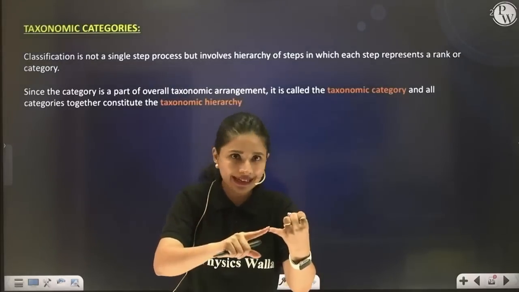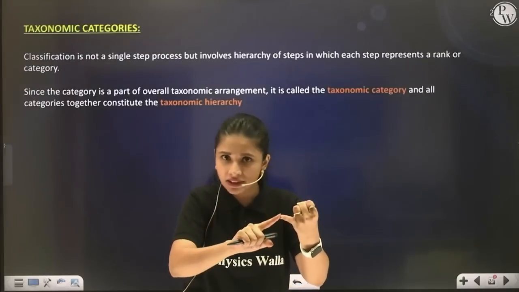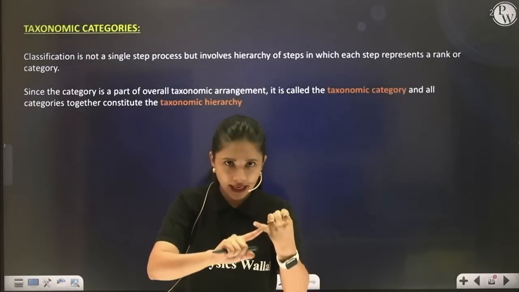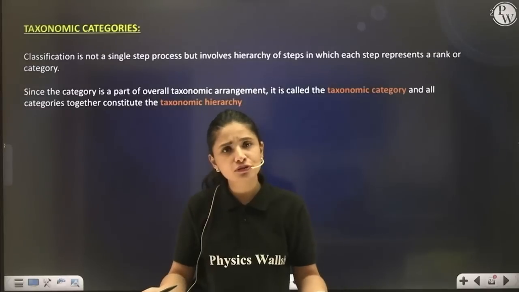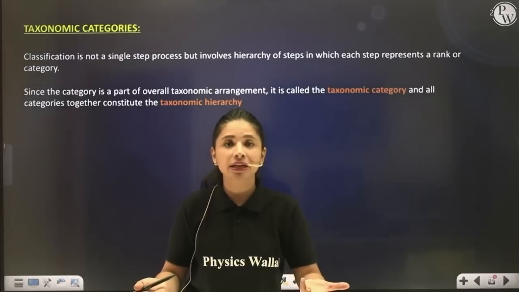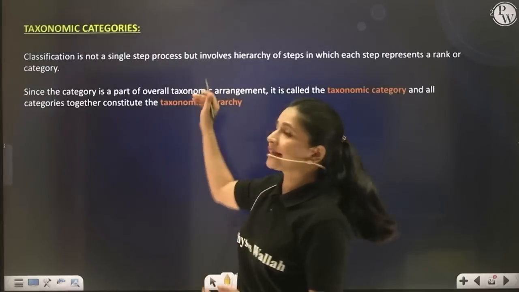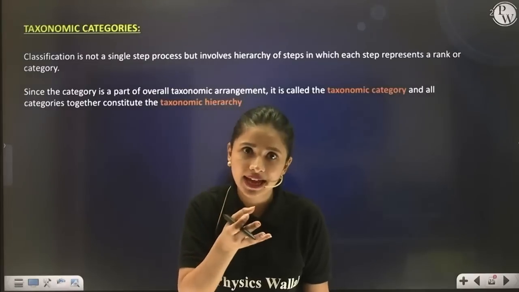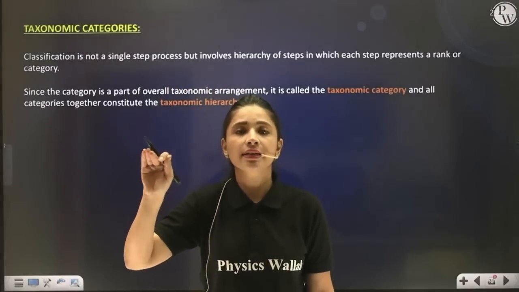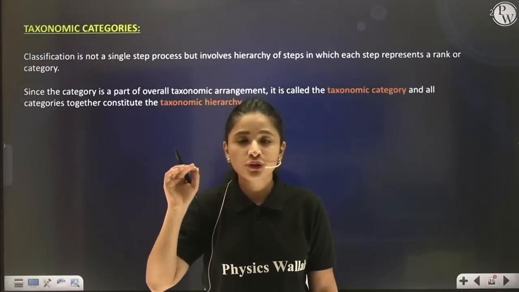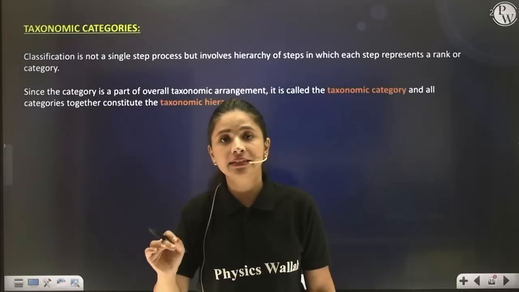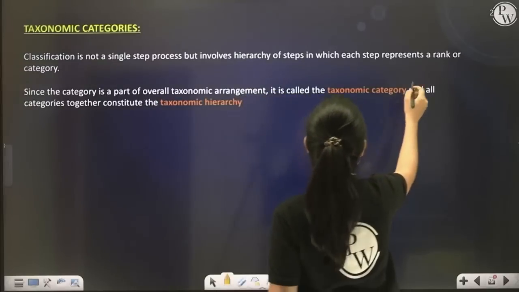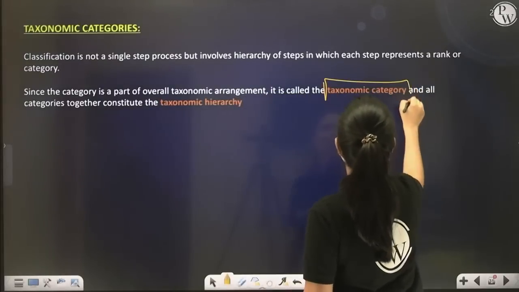You have done characterization, you have studied the features, you have identified it, you have provided the name. Classification is also important. Classification is grouping of organisms on the basis of similarity and dissimilarity in various categories. Those convenient categories are known as taxonomic categories.